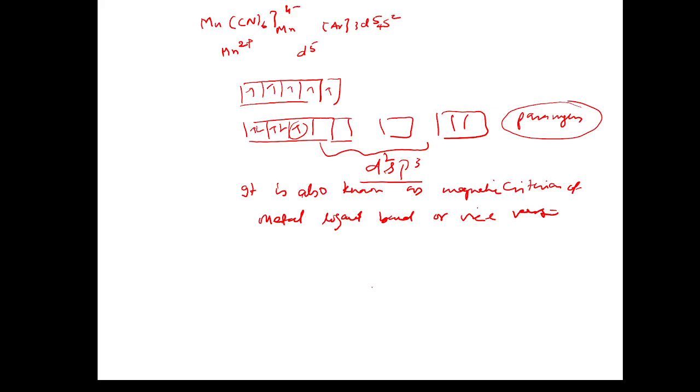He has also explained the back bonding. I will not go into the detail. Now I will just go to the advantages of VBT, and the other things I will discuss in the problems.